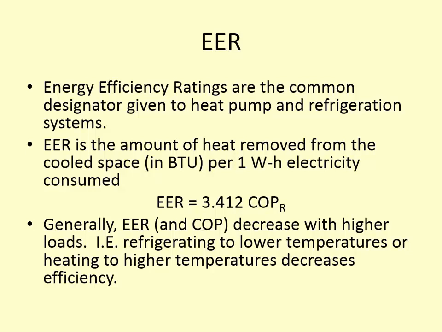And these values are usually given or calculated at some range for your system. So maybe your coefficient of performance works well when there's only a 30-degree temperature difference between T sub H and T sub L. But if there's a greater temperature difference between T sub H and T sub L, your coefficient of performance decreases, that it becomes increasingly more difficult for a heat pump to get heat from the outside as the temperature of the outside gets colder.